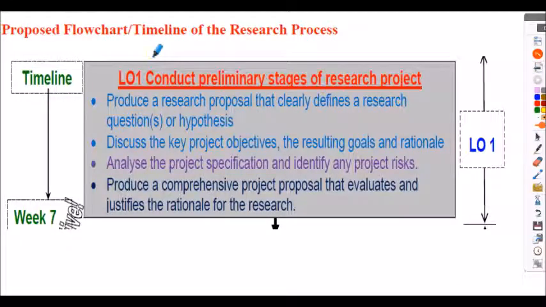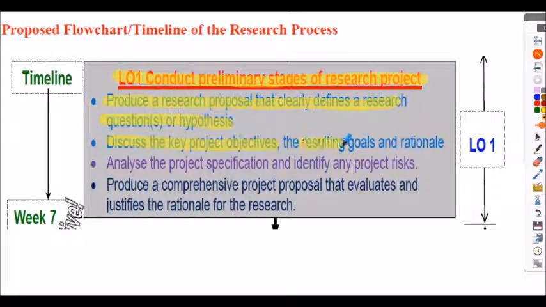So for the last part of this presentation, let's consider Learning Outcome 1, conduct the preliminary stages of a research project. So we know we have to produce a research proposal that clearly defines a research question or a hypothesis, depending if you're undertaking a qualitative or a quantitative analysis. We have to discuss the key project objectives, the resulting goals and the rationale used.